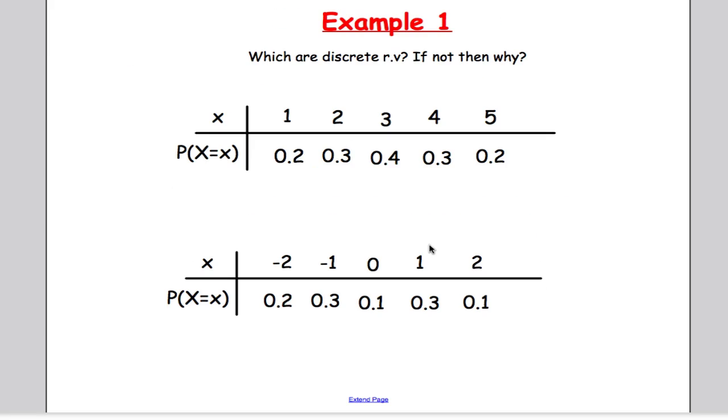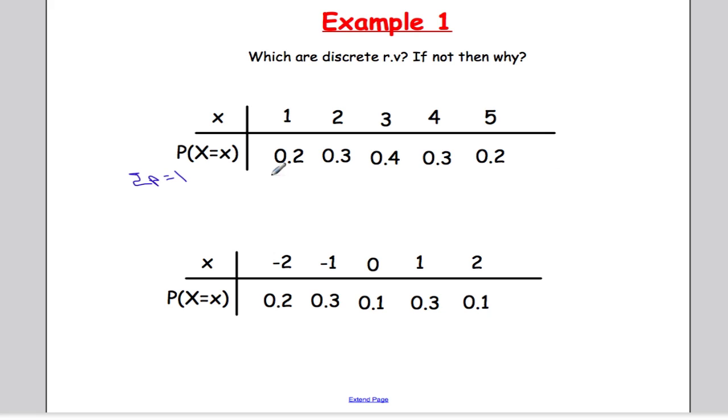Right, so let's take a look at an example just to clarify what we've been talking about. We've got two probability distributions here. We're going to try and identify which ones are discrete random variables, and if not, why not. If we remember, the sum of the probabilities must equal 1.